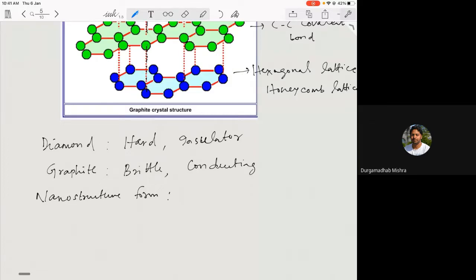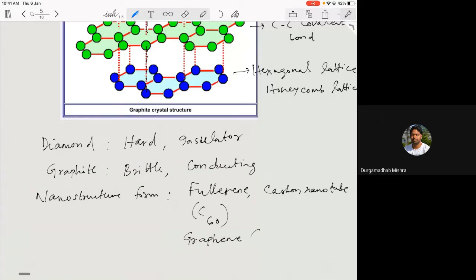You can have something known as a fullerene, which consists of C60 carbon atoms, unit cell. Then you can have carbon nanotubes, like a hollow tube where carbon atoms are arranged in a hexagonal pattern. And then you probably also heard of graphene.